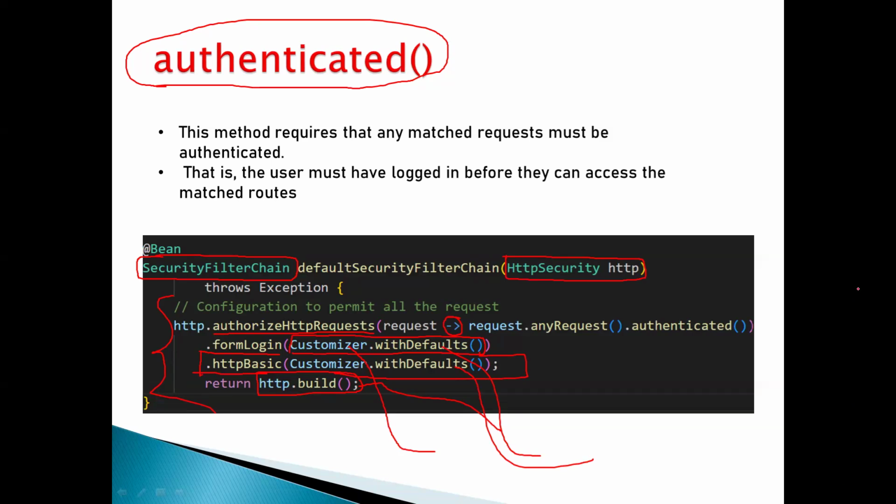Now our customization. Request is a lambda expression. Carefully observe here, request dot a method called anyRequest. It can be public, normal, user, support, any request. What is the method we are calling? authenticated. If authentication fails, you will get 401.